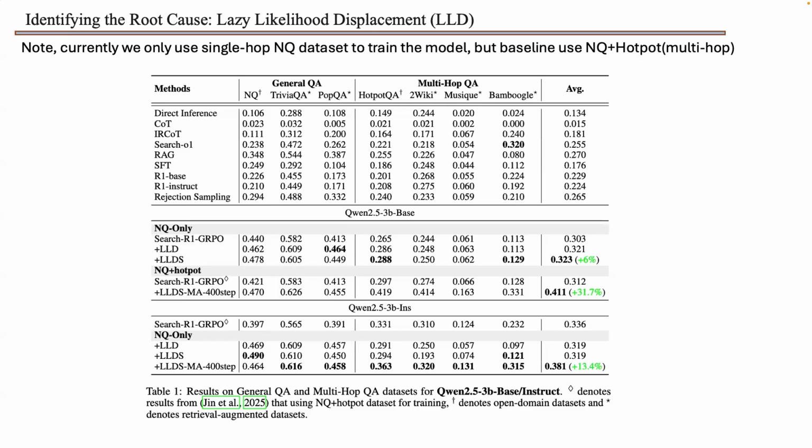Here, because we haven't finished our task yet, even though we only train with Natural Questions, the single-hop question data set, we can outperform the reported results from Search R1, which use both the NQ and HotpotQA datasets to train the model. And we see a huge improvement here.